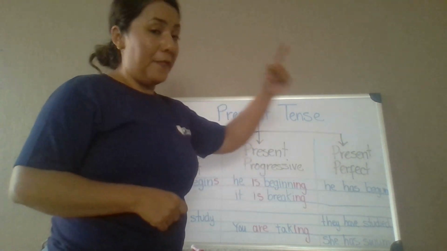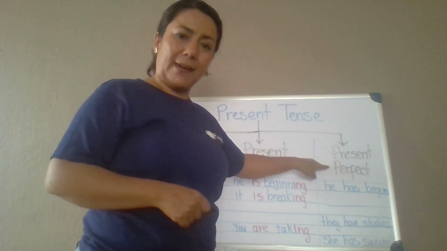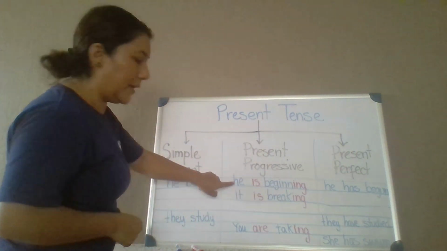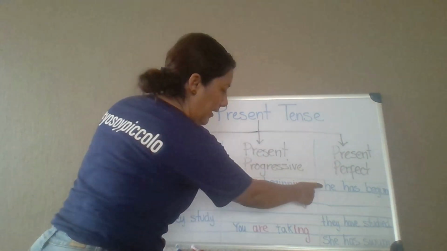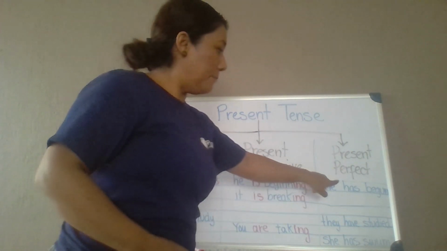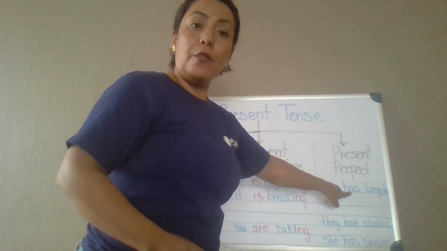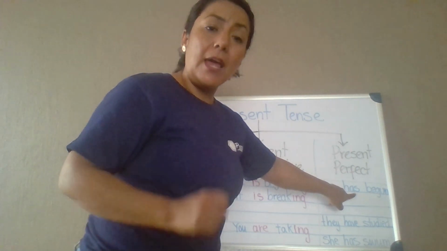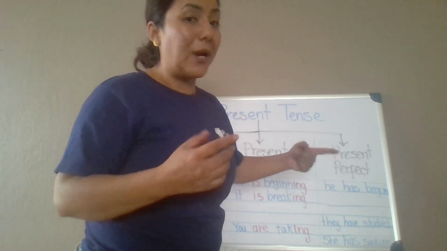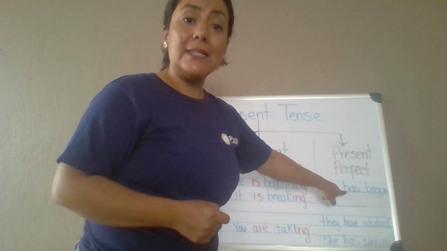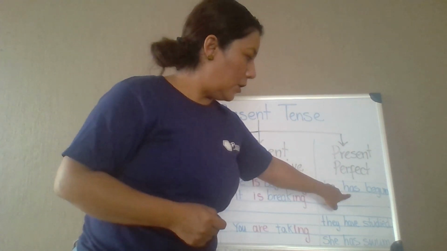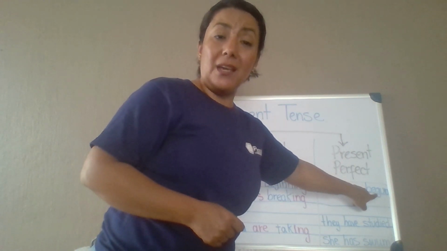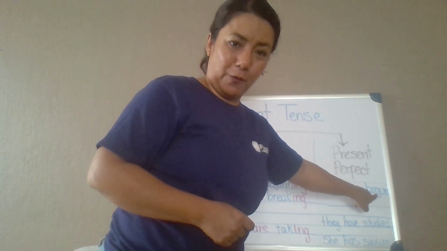Okay? And then in present perfect tense, we keep the same subject, he, but then in present perfect, the helping verb is have or has if it's singular, and the verb comes in past participle form.